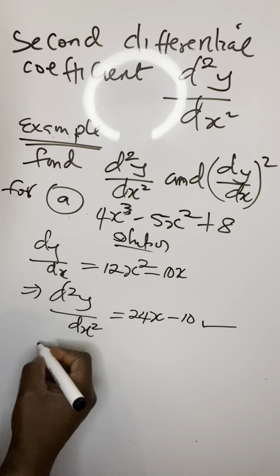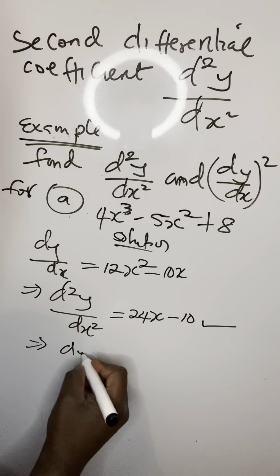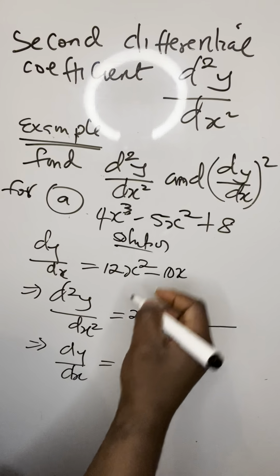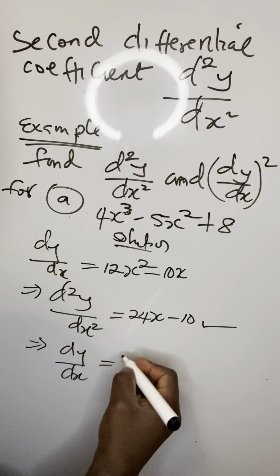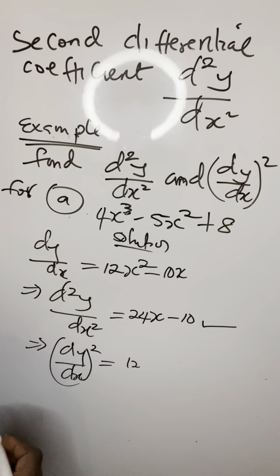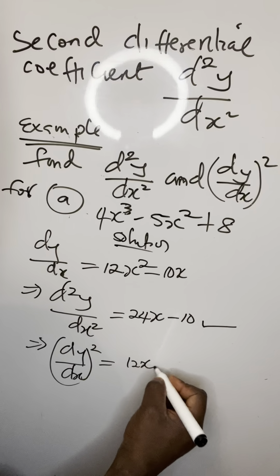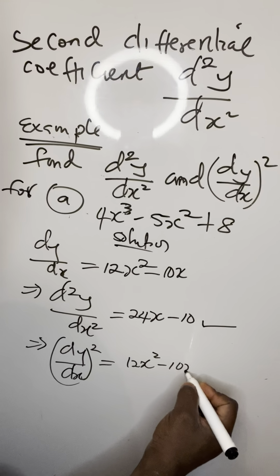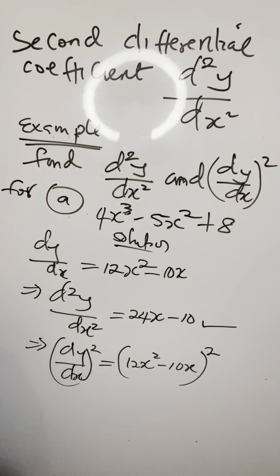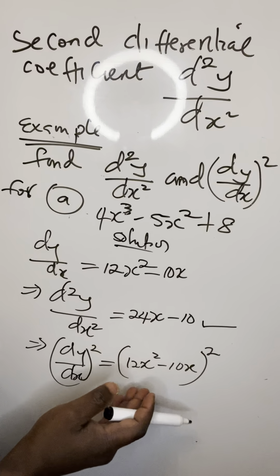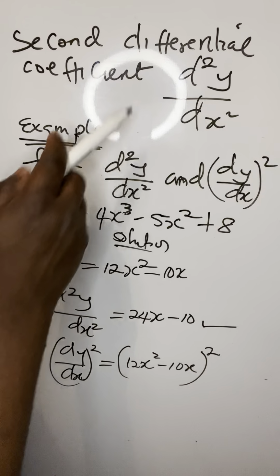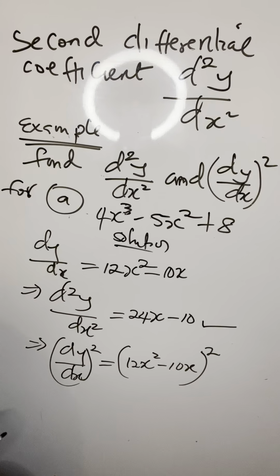So the second one, (dy/dx)², is going to be the first derivative squared, which is (12x² − 10x)². If you like, you can expand this, but this and this are not the same. They are two different things. This is the second derivative, or second differential coefficient.